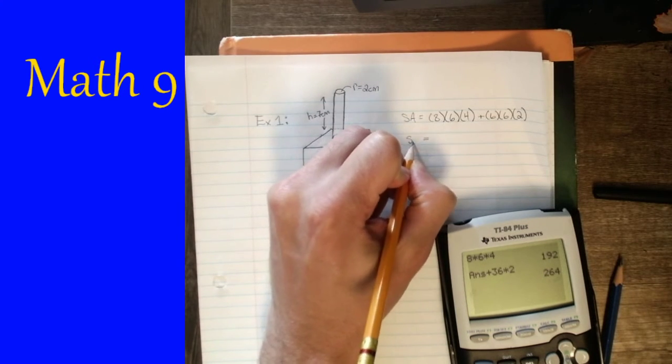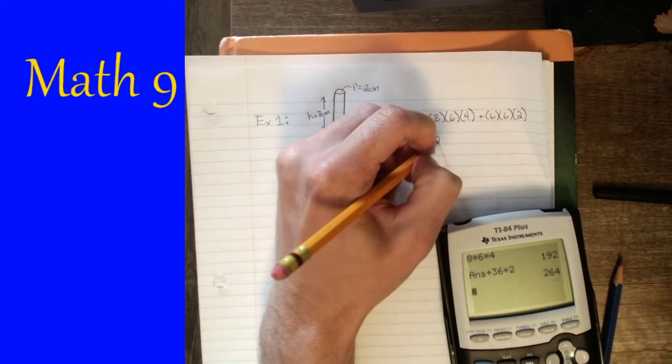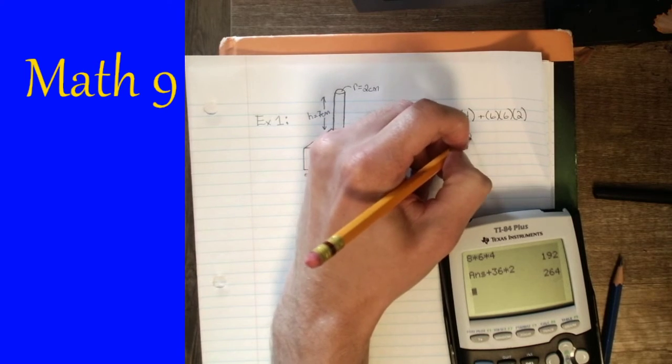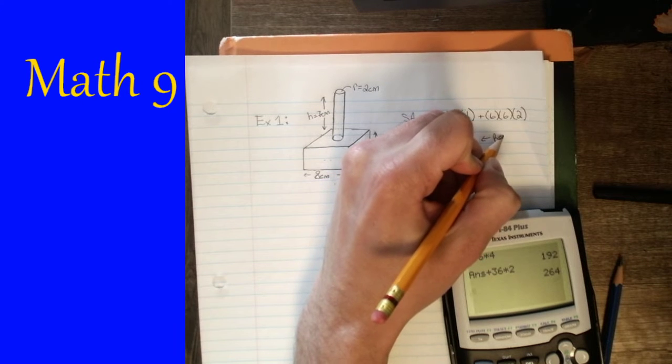So our surface area is equal to 264 centimeters squared. So this represents our rectangular prism.